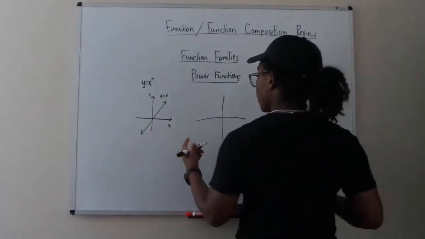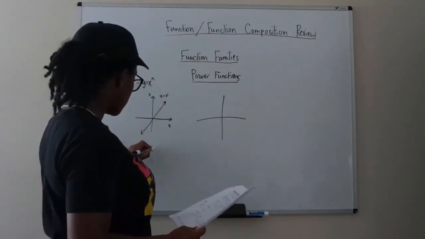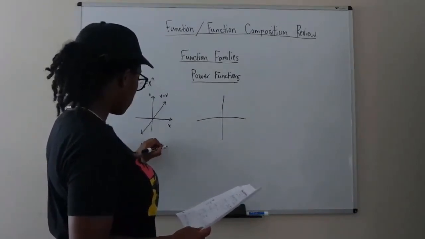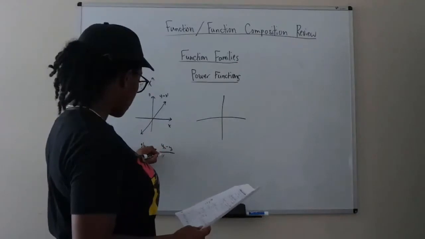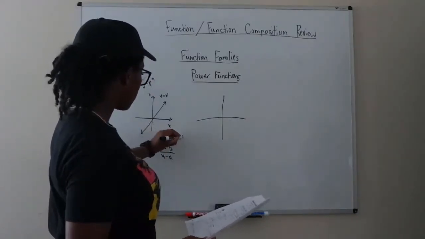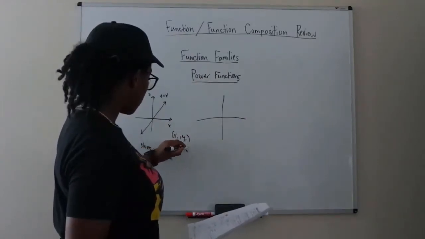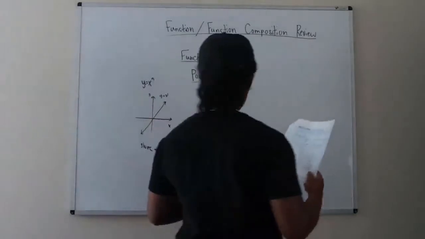Oh, and speaking of linear, the equation for slope, because you'll need to know that, is y2 minus y1 over x2 minus x1. So if you have two ordered points, then you can definitely find the slope of a line.